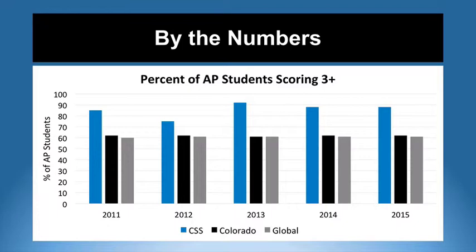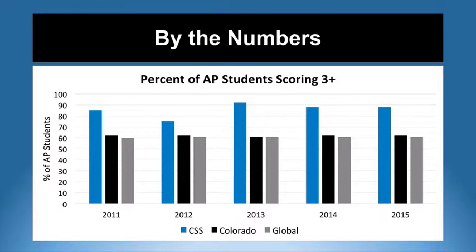If we look at some of the numbers here, just as kind of indicators of how well our students are doing relative to other students nationwide, statewide, globally in this case. On all the following graphs, blue refers to CSS, other colors to other groupings of students.